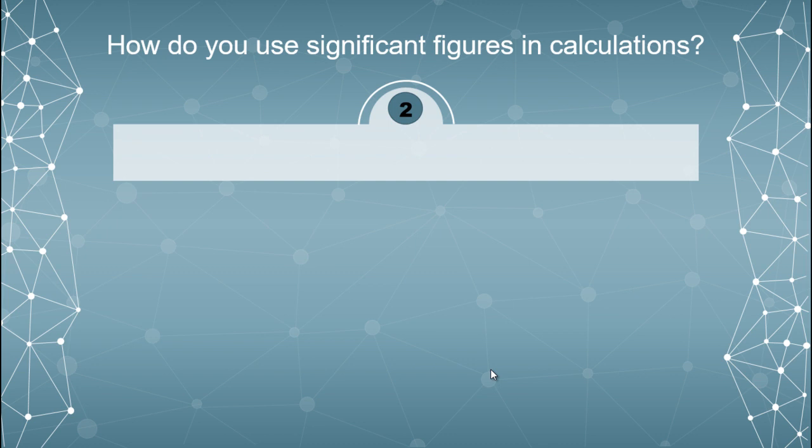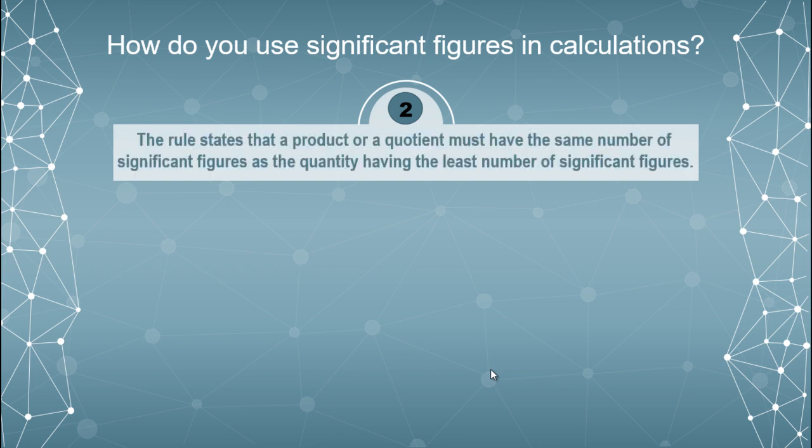Next, how about using significant figures in calculating using the operations of multiplication and division. Now, the rule states that a product or a quotient must have the same number of significant figures as the quantity having the least number of significant figures.